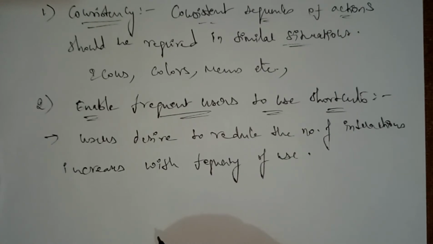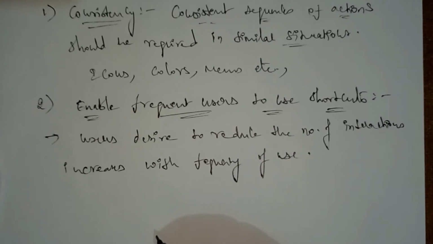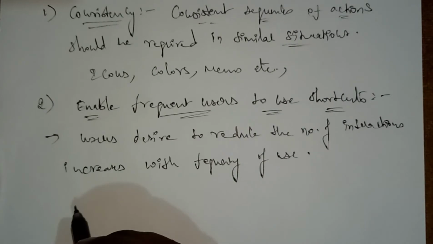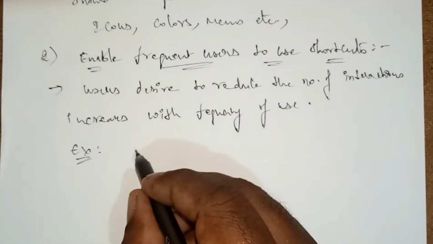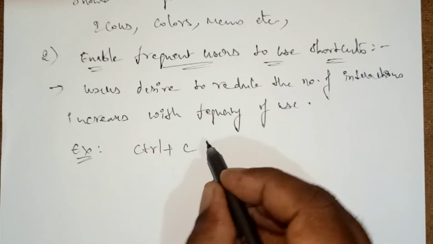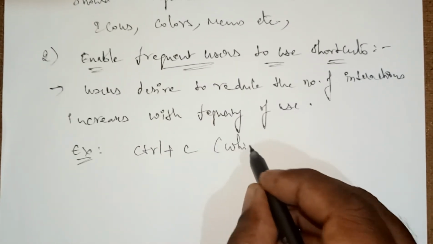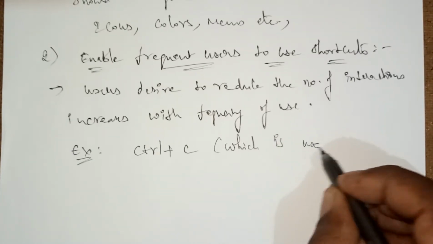For example, we have a lot of shortcut keys like Control plus C, Control plus V. Control plus C is used to copy, and Control plus V is used to paste. Suppose you want to copy some text in a document, you can use the shortcut key Ctrl plus C, which is used to copy text.